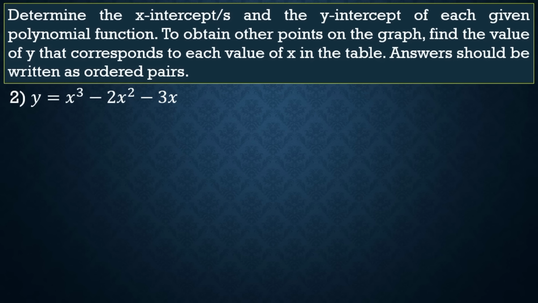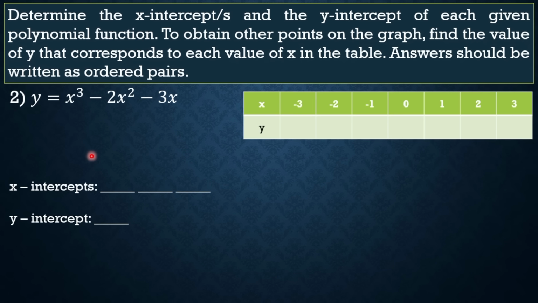So, ang gagawin natin, ipa-factor muna natin. So, ano yung common sa kanila? Yung x. So, yun ang kukunin natin. Okay, x. Then, x cubed divide x, that is x squared. 2x squared divide x, that is negative 2x, and negative 3x divide x, that is negative 3.